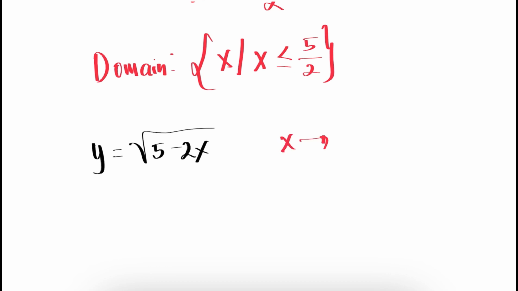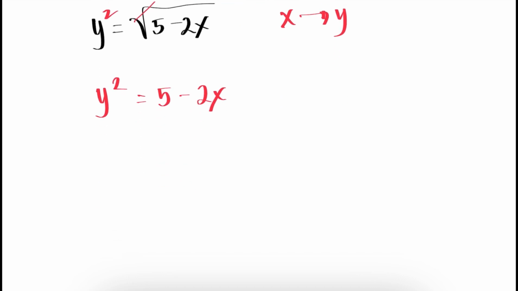Solve for x in terms of y. So that is y squared is equal now to 5 minus 2x. Remove the radical and square this. Then y squared minus 5 is equal now to negative 2x. Since we are solving for x, right? Okay.